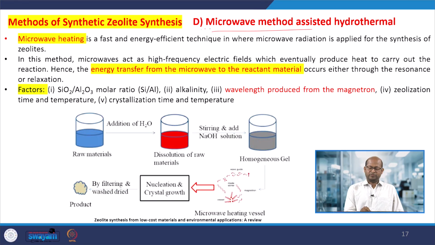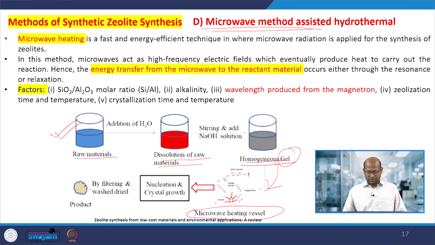Another one is the microwave assisted method, which is similar, involving heating when the gel formation is there. We start from raw materials or precursors, form solutions, and then form gels, and after that we heat the gels with the help of microwaves.